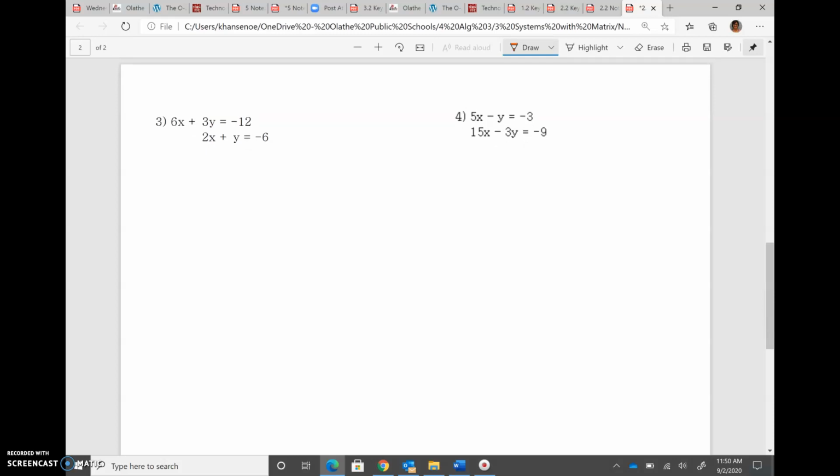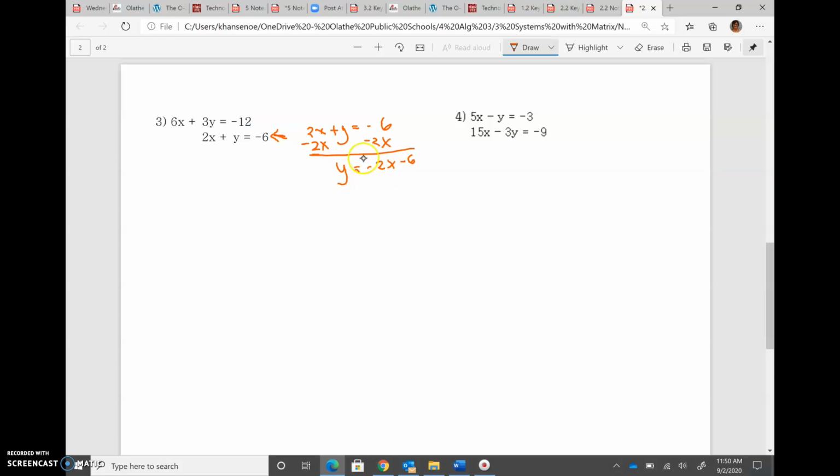Okay, so let's do the next one. I'm going to pick this one to solve for because I don't have a number in front of y. So I'm going to say 2x plus y equals negative 6. I'm going to subtract the 2x. I get y equals negative 2x minus 6.